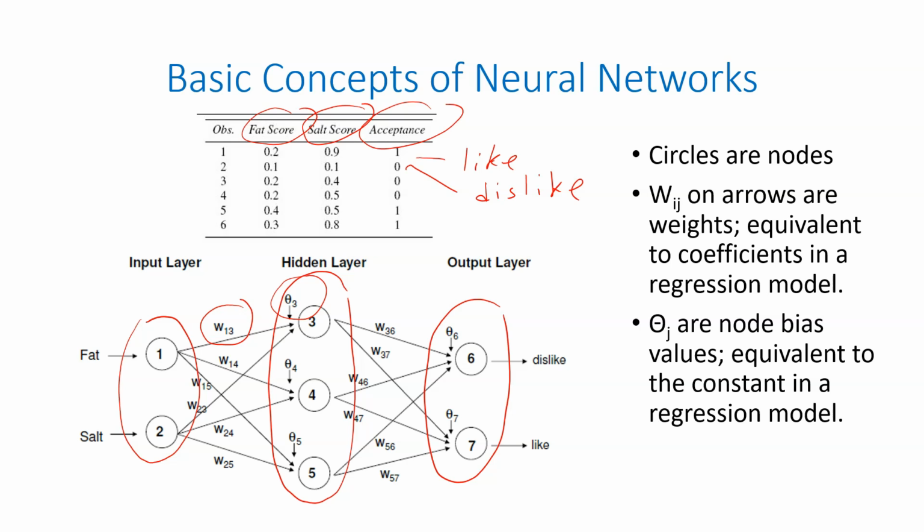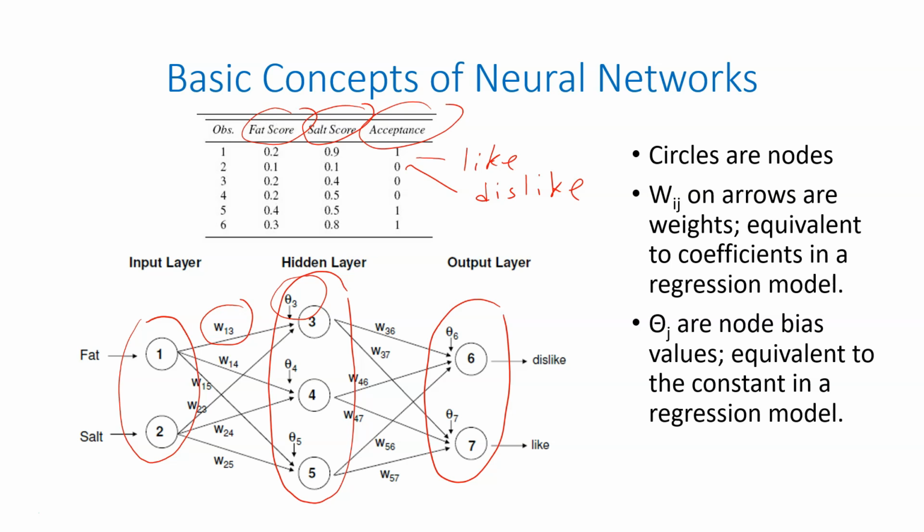Part of the mathematical formula would produce the weighted sum of the input values through something that looks just like the regression function that we are all familiar with, which is y equals constant plus beta 1 x1 plus beta 2 x2 and so on.